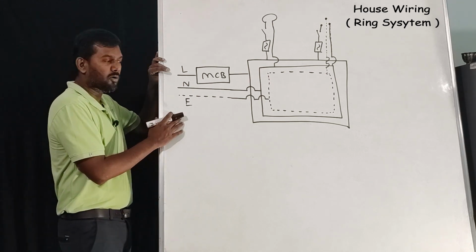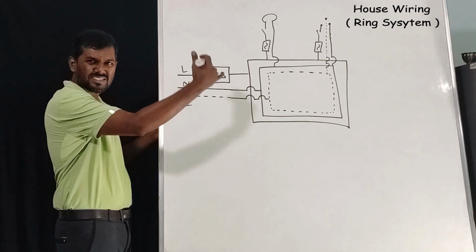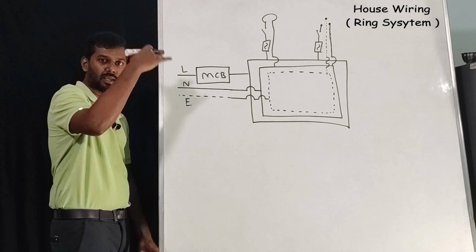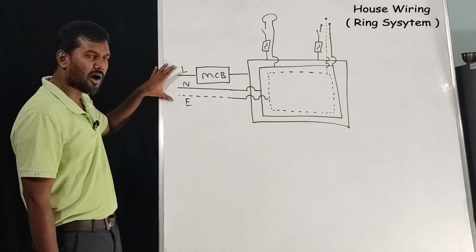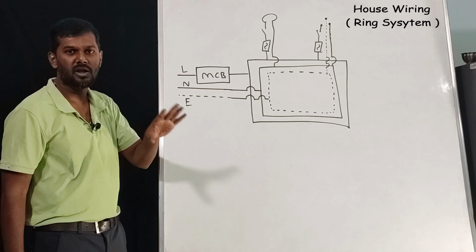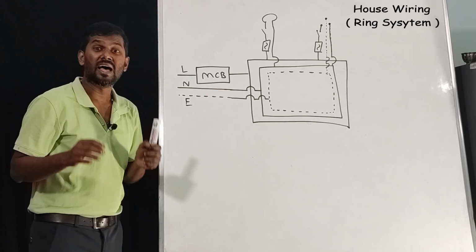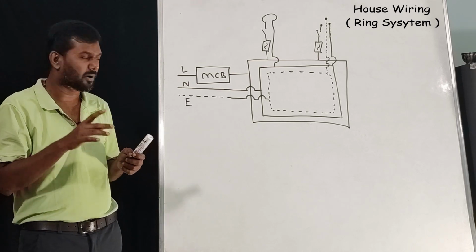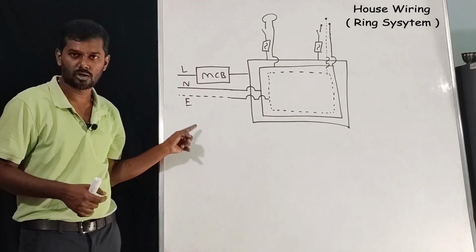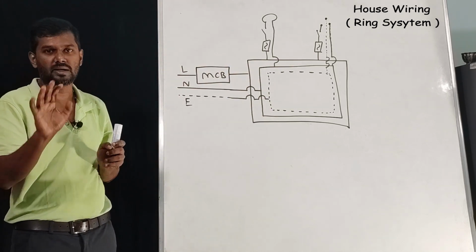Now we are going to talk about one single house in a building. This will remain the same for everything, and this is called the ring system. Ring system means it should be in circular form, correct? But a closed path is considered a ring system.